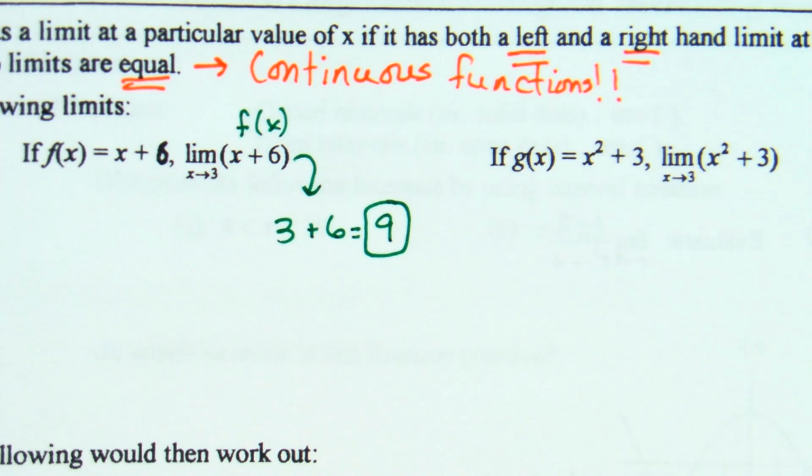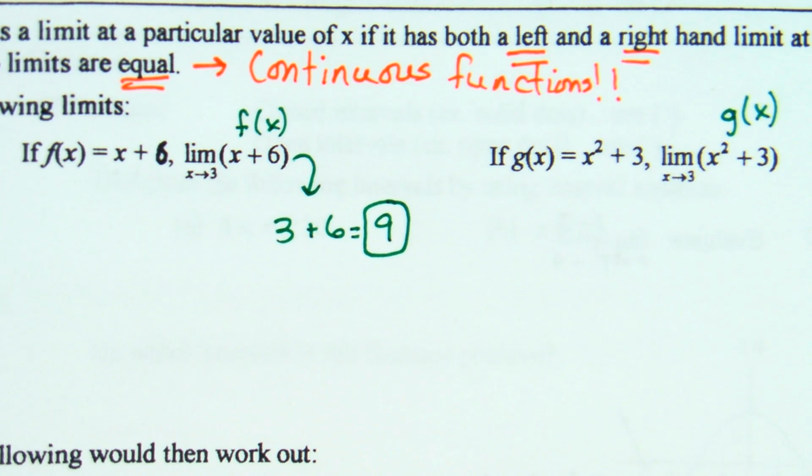If g of x equals x squared plus 3, find the limit as x approaches 3 of x squared plus 3. So this is the limit of g of x. What do you know about x squared plus 3? It's a parabola. Is a parabola continuous? Yes, it's one piece.